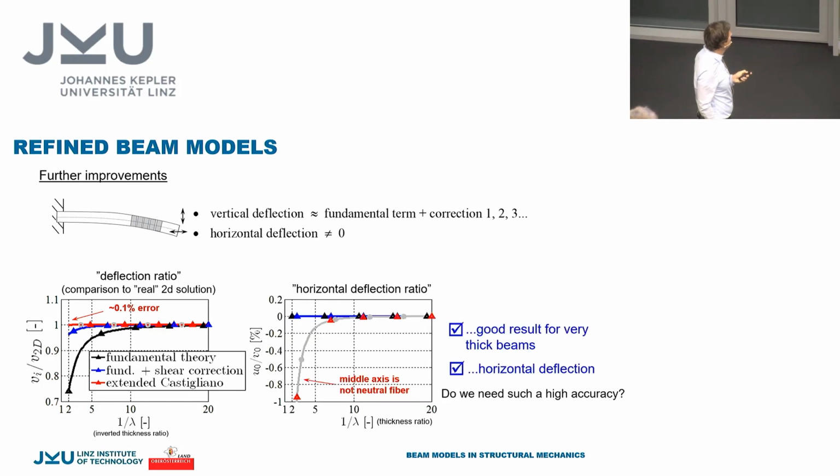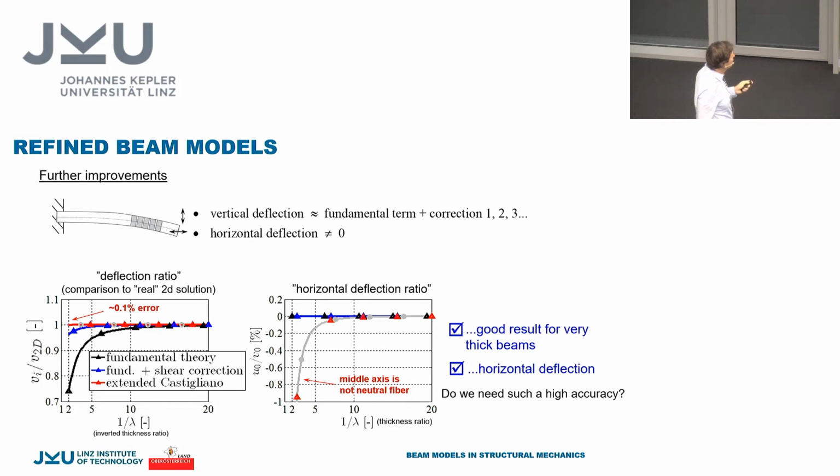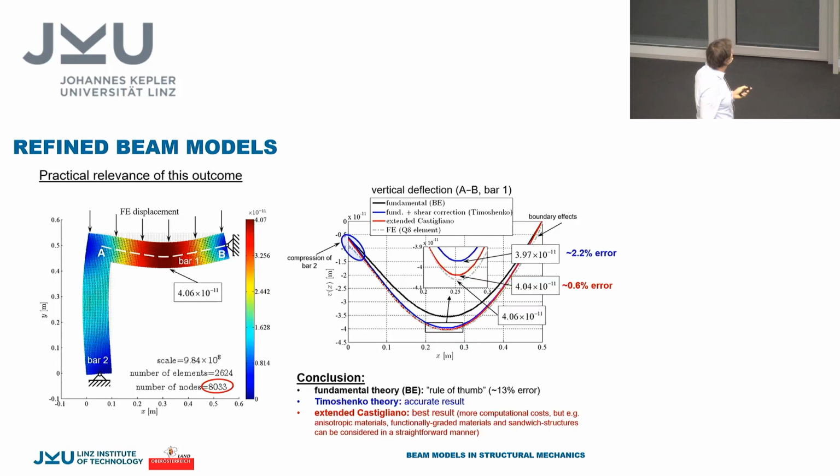And furthermore, if you consider this horizontal deflection, you see that this theory also yields that this middle axis is not the neutral fiber. So this red curve and this gray curve, the gray curve is from the two-dimensional solution, they are practically identical. And you can say, do we really need such an accurate theory?